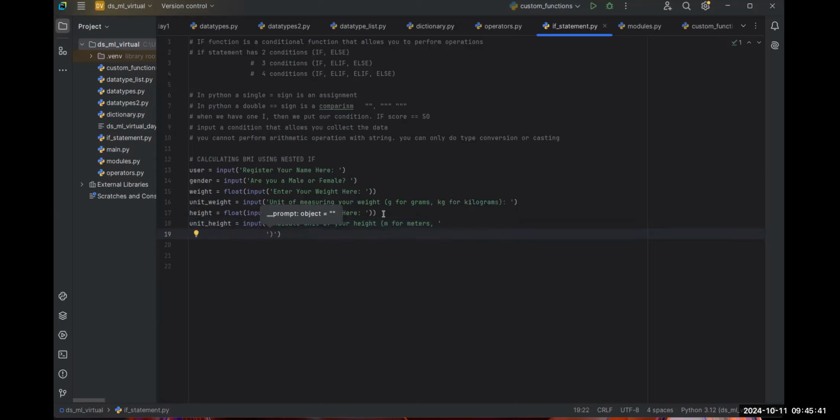Let's go to the next page. M for meters, cm, right? Cm for centimeters, comma.